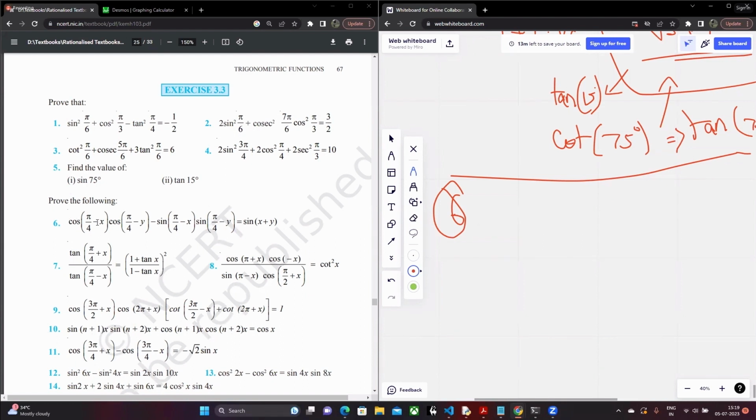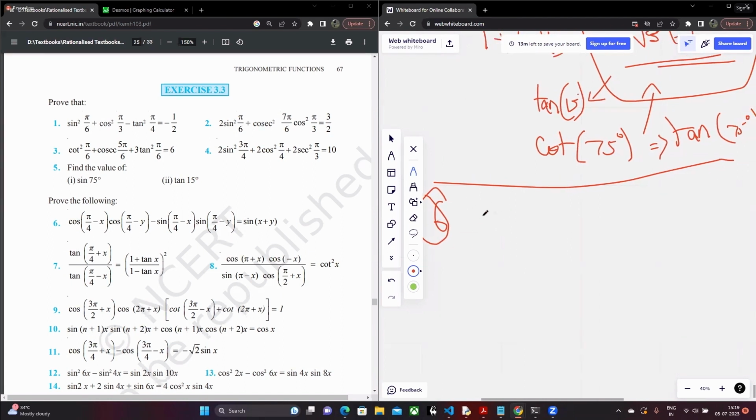So first things first, note what this left-hand side is reminiscent of. I'll come to that in a minute. I'll just cover the question and then I'll say how you are going to solve it.